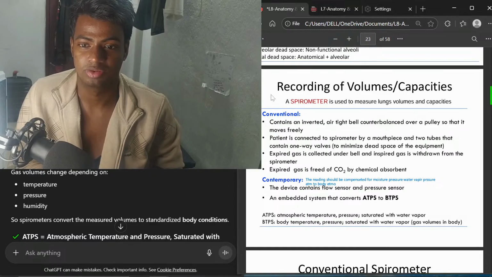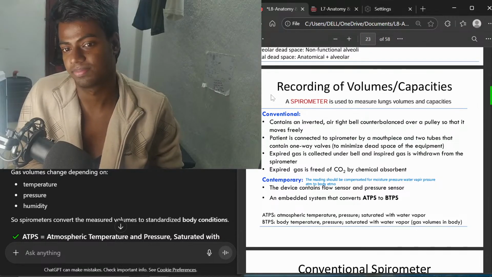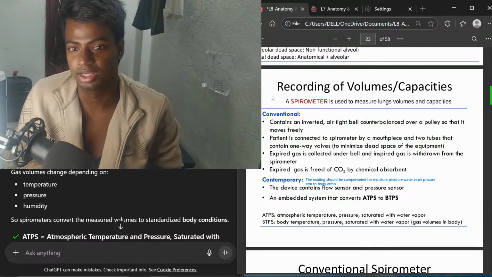The expired gas is collected under the bell and withdrawn from the spirometer and freed of CO2 by a carbon dioxide absorbent, so that it prevents the patient from taking in that carbon dioxide again. Okay, so we have to remove the carbon dioxide.